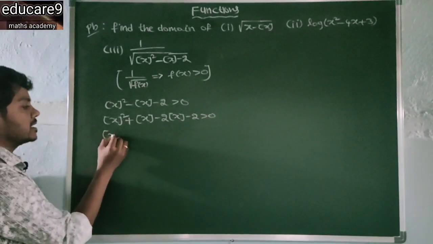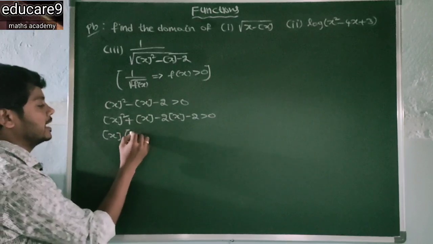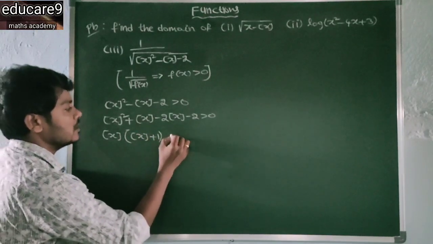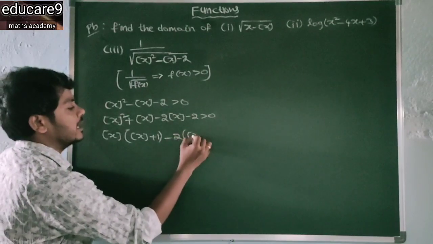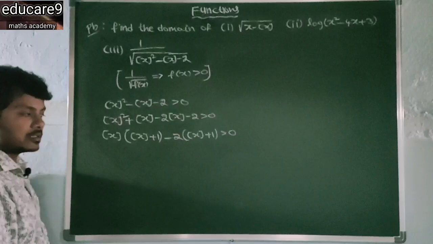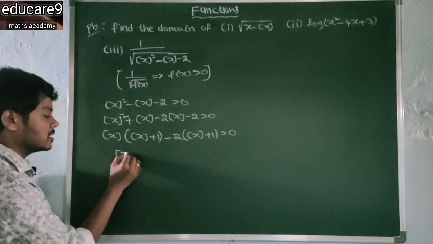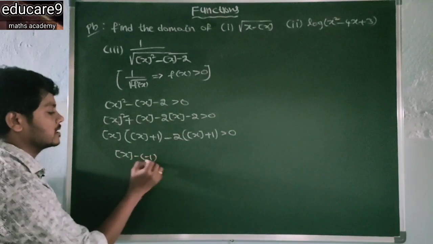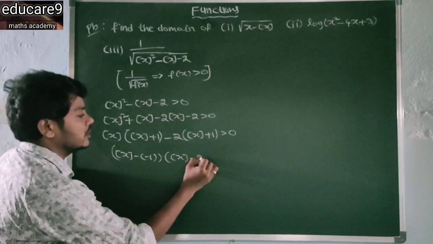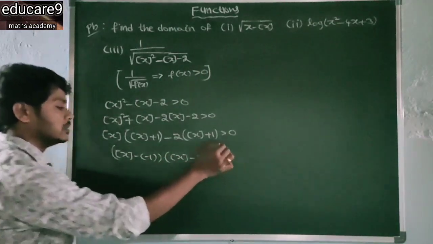So here step x is common. You get step x plus 1, minus 2 is common. You get step x plus 1. It is greater than 0. So this is step x minus of minus 1 into step x minus 2. It is greater than 0.